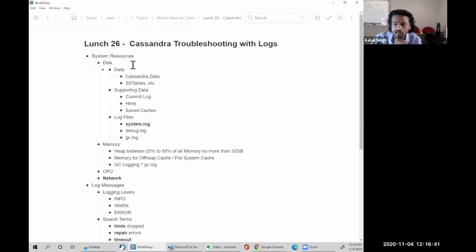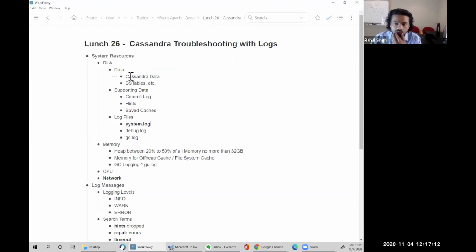And the disk ideally should be SSD, on the instance itself, or it should be something like EBS on Amazon. Both of these are very, very good. But at the end of the day, a disk, if it's not fast, is basically Cassandra's biggest first bottleneck.